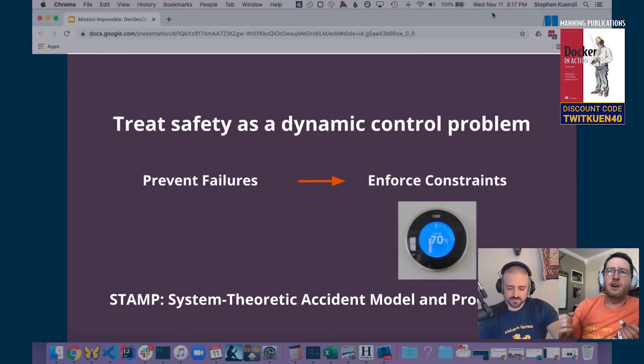We want to define security similarly, our goals for security, similar to how we treat a thermostat, in that let's keep our temperature in a certain range, 72 to 78 degrees, let's say. And the thermostat's job is to keep things in that range. If it gets too cold, the heater turns on, and too hot, the air conditioning turns on.